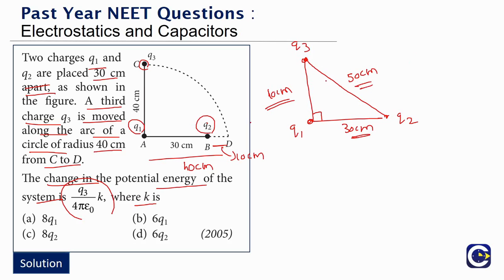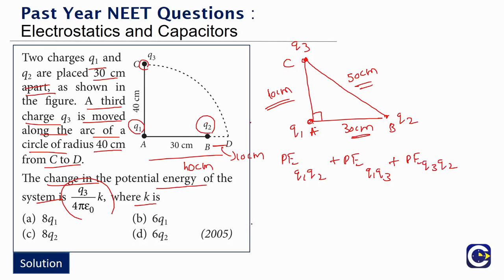Now the three charges will have three potential energy terms. Initially this is the arrangement. We have A here, this is B, and this is C. Three potential energy terms will be there: potential energy for the charges Q1 and Q2, AB, plus potential energy for the charges Q1 and Q3, plus potential energy for the charges Q3 and Q2.